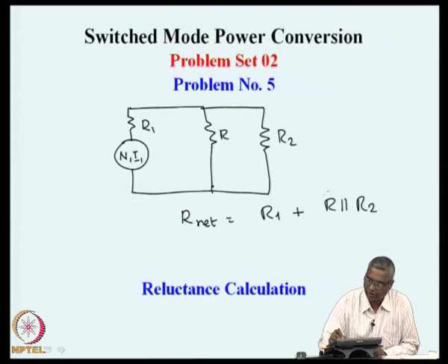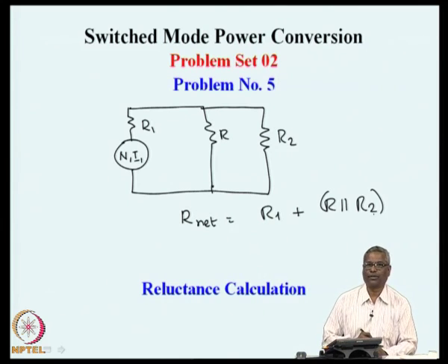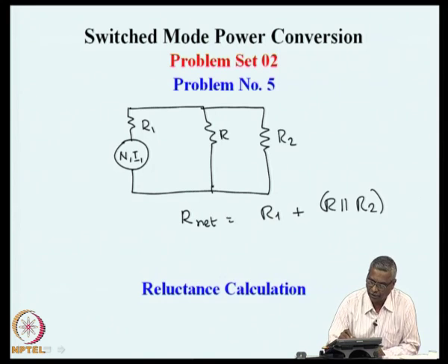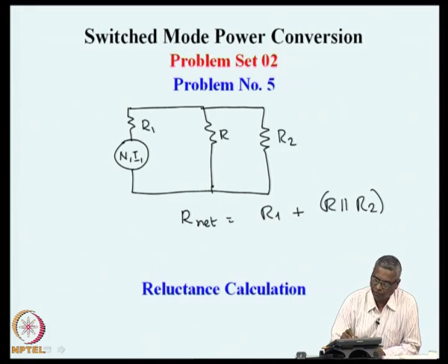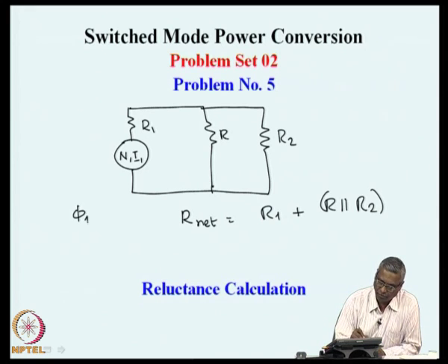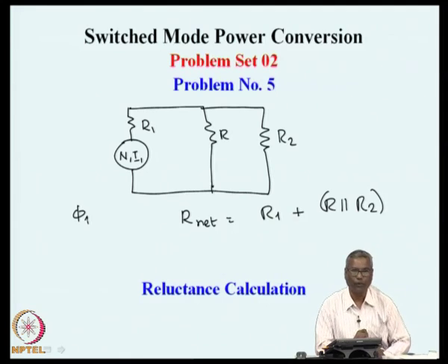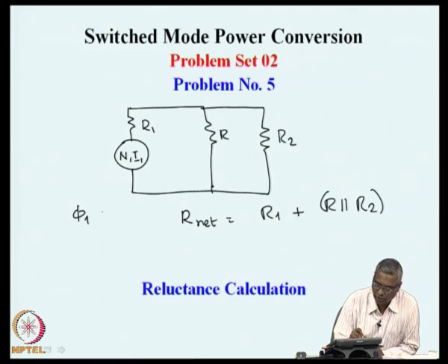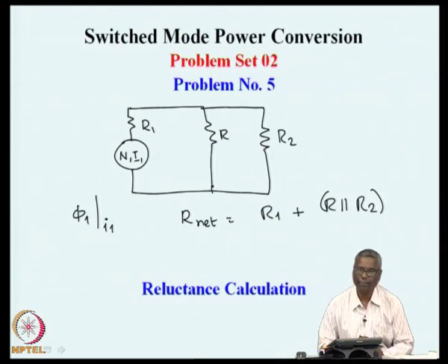It is possible to evaluate the quantity. This would be the reluctance for finding out flux 1 on account of I1.